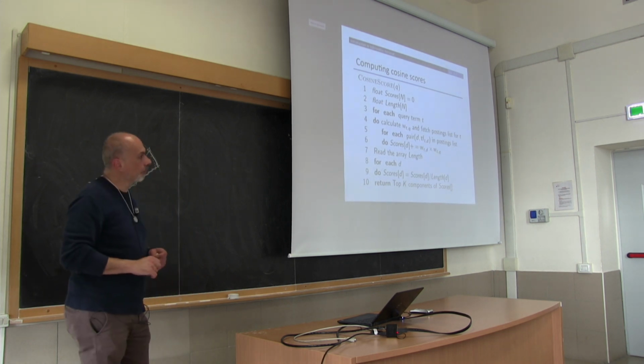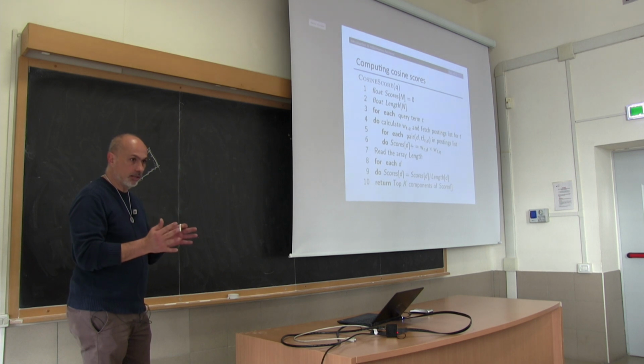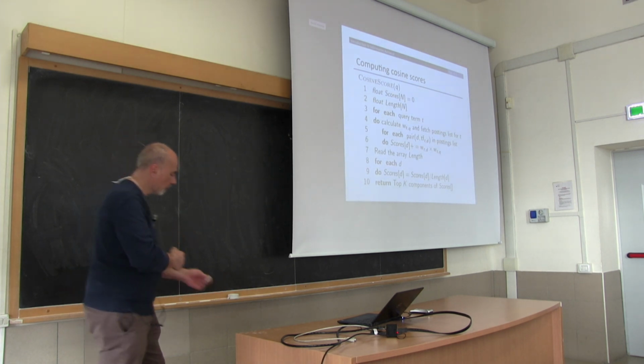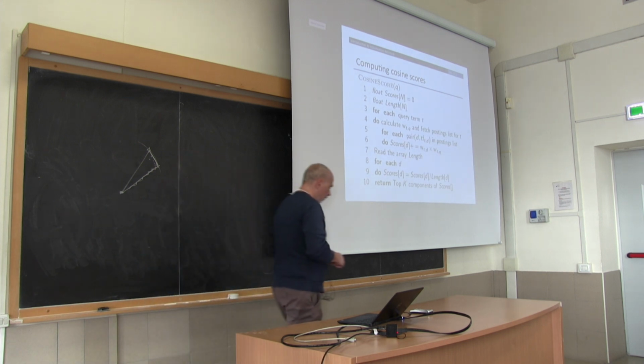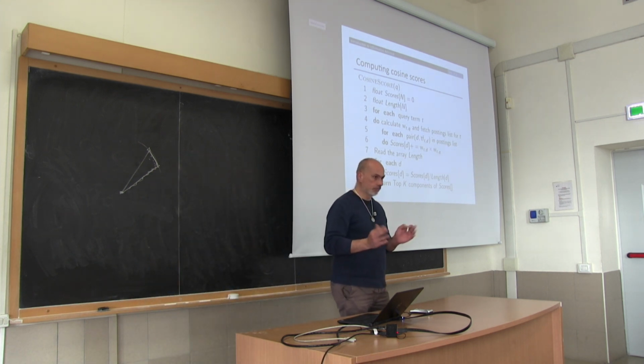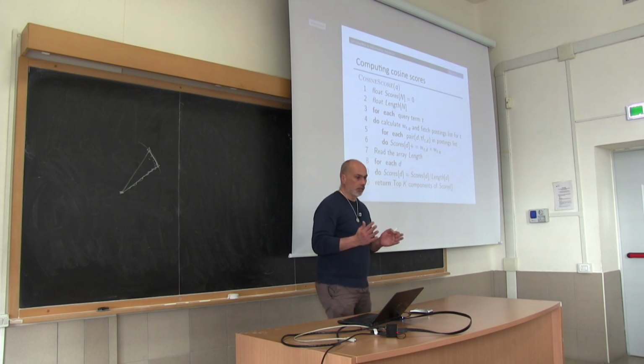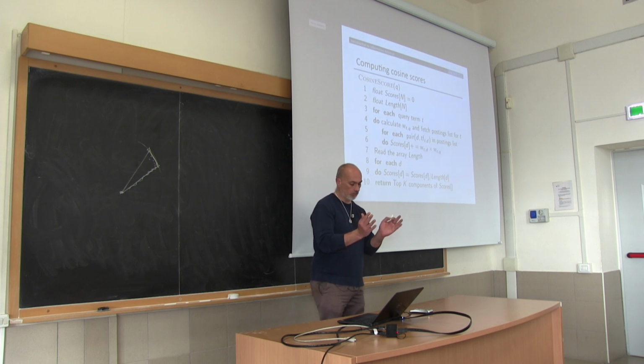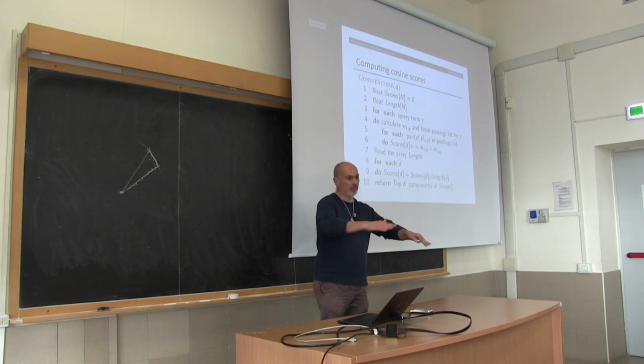What is the weight of a term when you apply cosine similarity? The cosine similarity between a document and a query is just the inner product, normalized of course by the length.